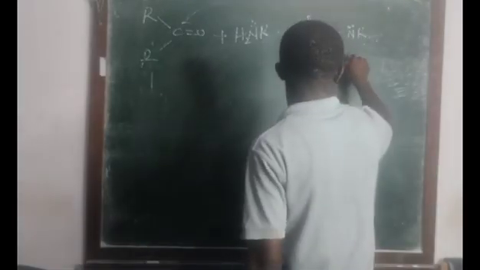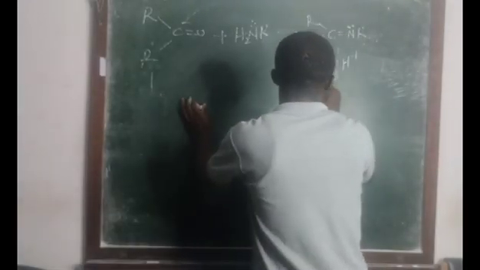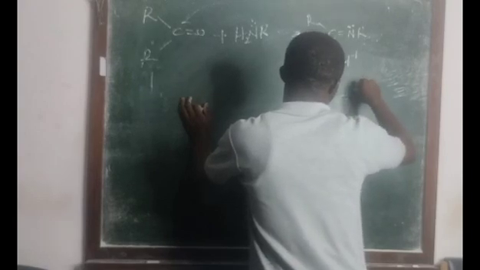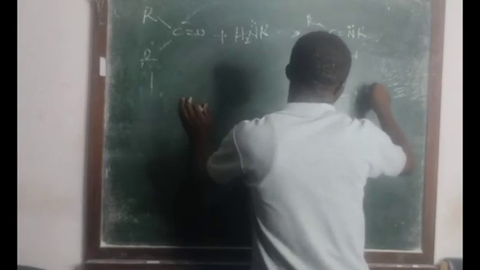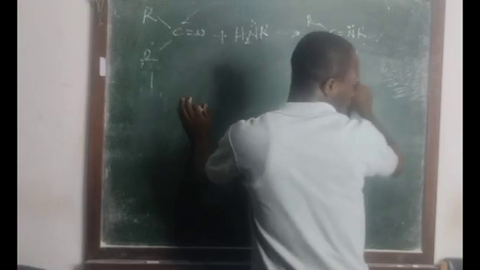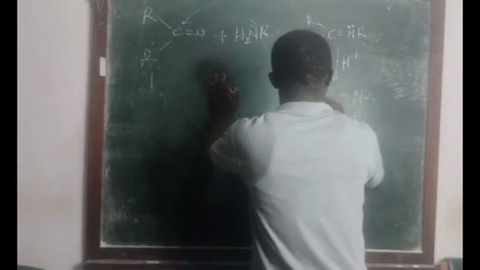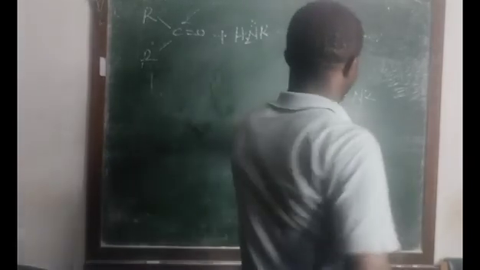So it can accept a what? A proton and become your C, and we have N, R, and we have H, and we have R, and we have R. That's what we have.